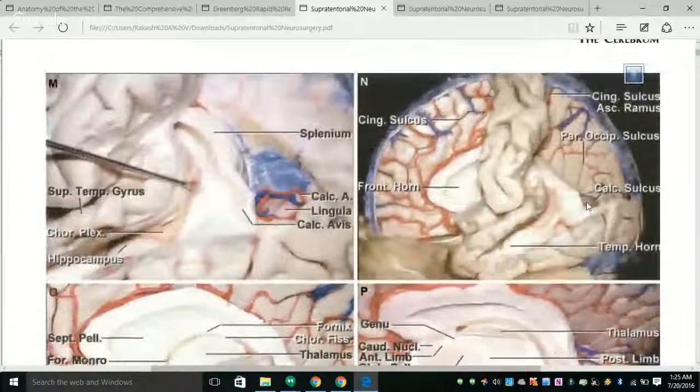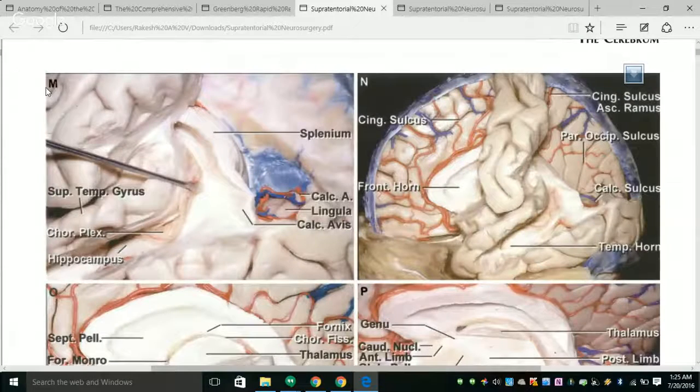In figure N, the falx cerebri has been removed to expose the medial part of the right hemisphere. The ascending ramus of the cingulate sulcus reaches the superior border of the hemisphere behind the paracentral lobule.